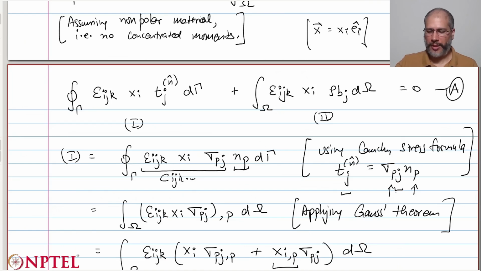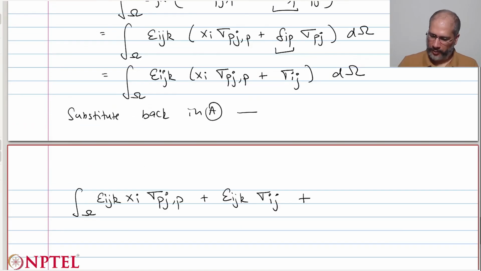So I can add epsilon_ijk x_i rho b_j to that term as well, and this whole is multiplied by d omega, and this is equal to 0.